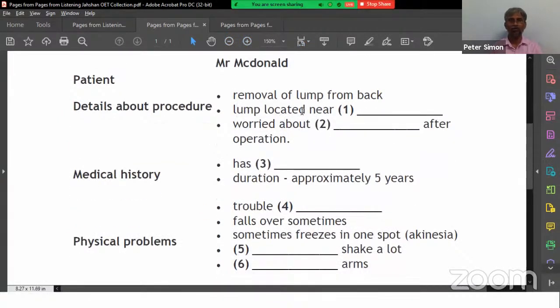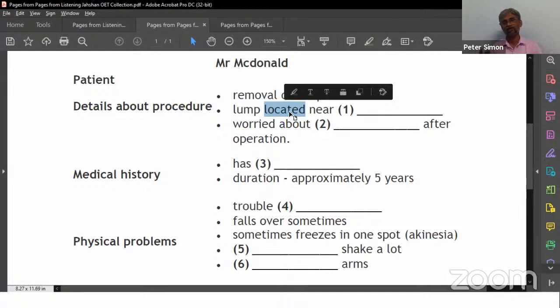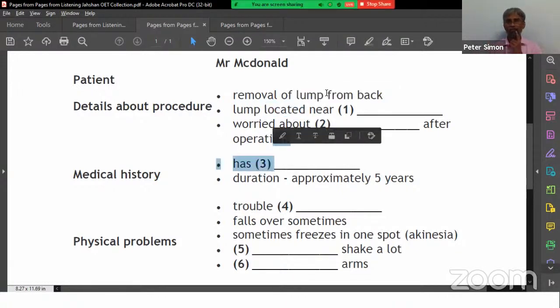Located means location. It is talking about the location there. So you have to understand location. Where is the lump located means the point, place where it is. Near dash. Removal of lump from the back.